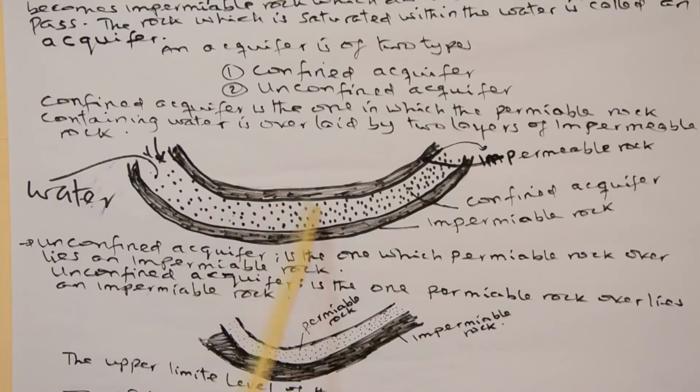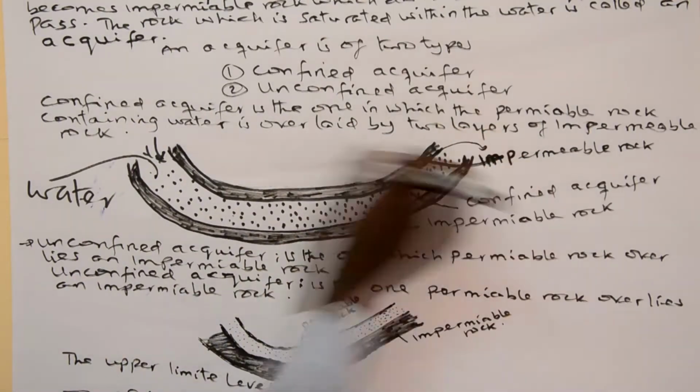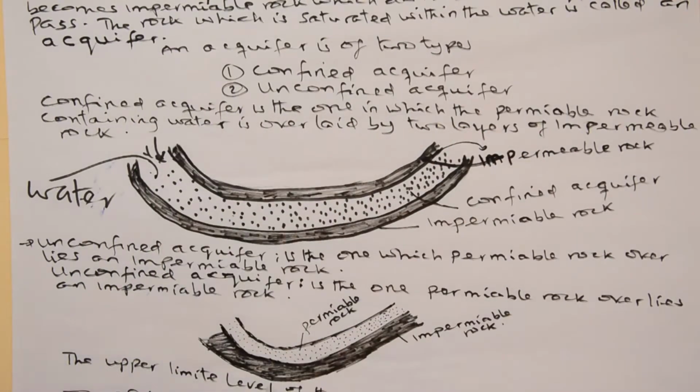In this area water passes to the sides of the landmass, not vertically. This is called confined because it lies between two impermeable rocks. For instance, here there is impermeable rock, and here there is impermeable rock.